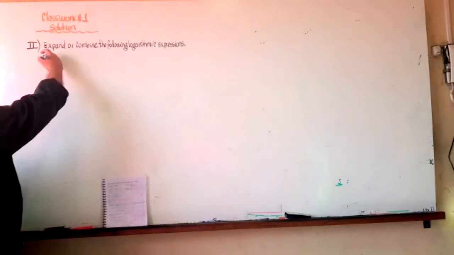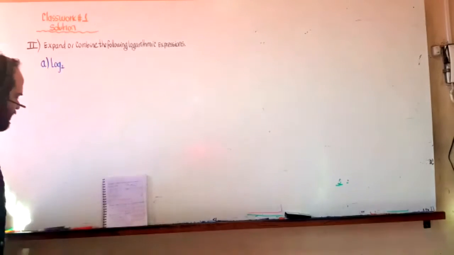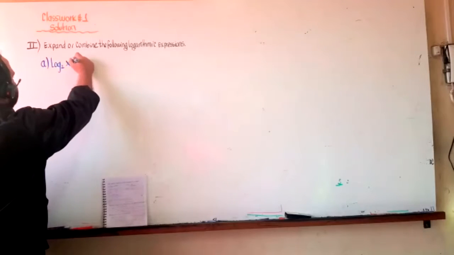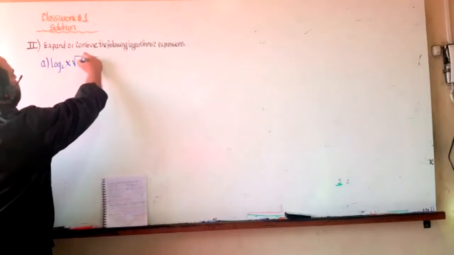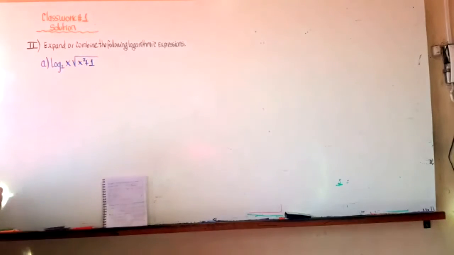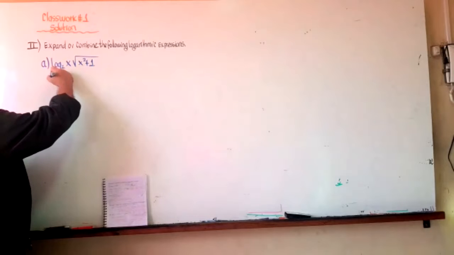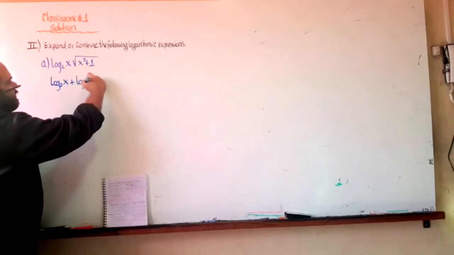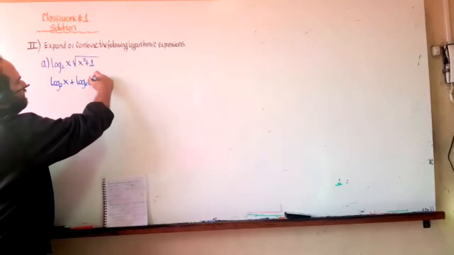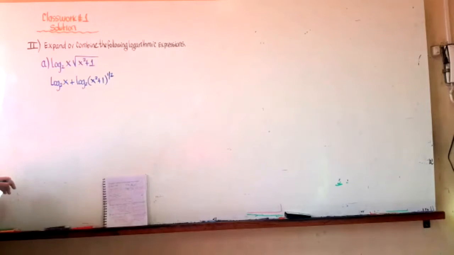In the first one, the letter A, we have log base 2, and we have the expression x multiplied by the square root of x squared plus 1. Okay, obviously in this operation, we have to expand these logarithmic expressions. So because we have a product, remember what the problem says. We must write log A plus log B. But remember, a square root, we can read it like an exponential: x squared plus 1 elevated to the second power.